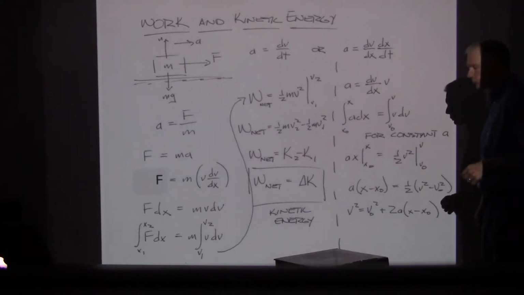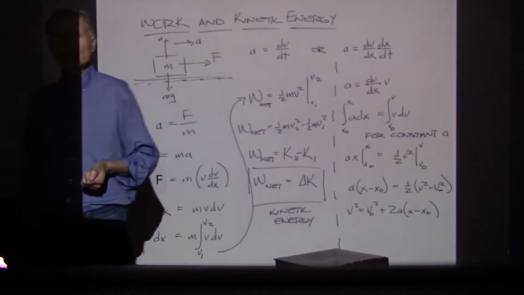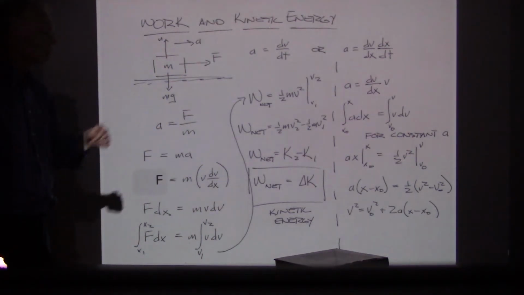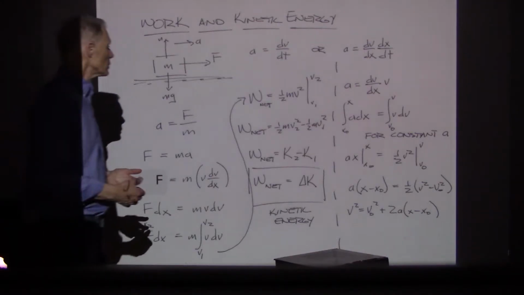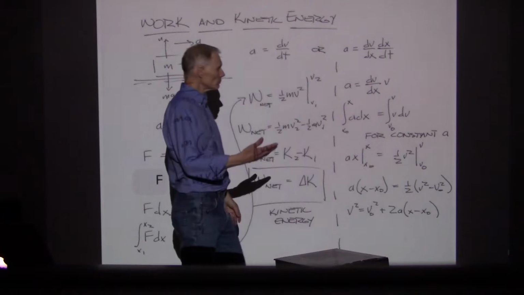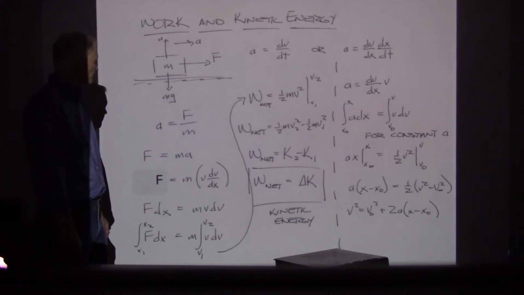Finally, we get back to v squared is equal to v naught squared plus 2a(x minus x naught), that last formula over there in the right column. That was one of our constant acceleration formulas. So we've derived one of the formulas that we used back in chapter 2, I think it was.